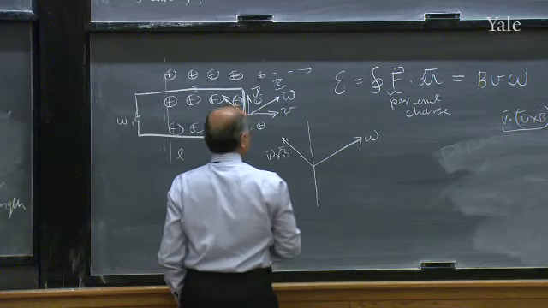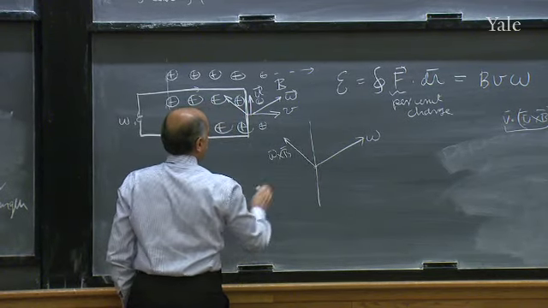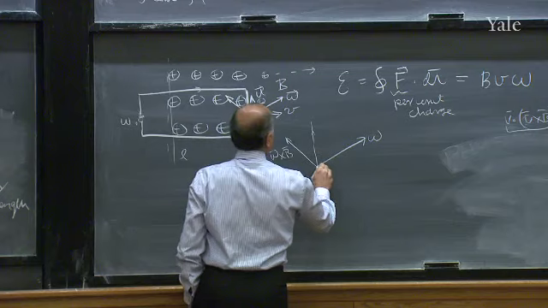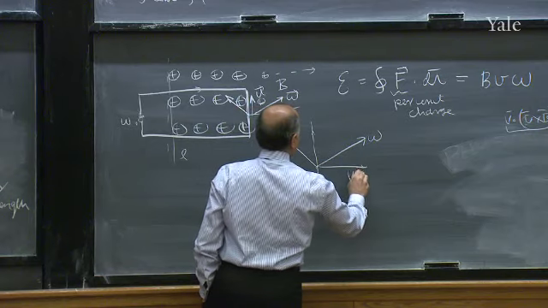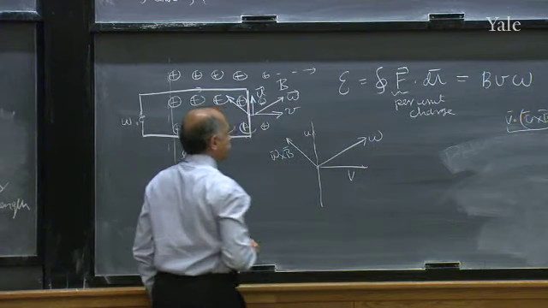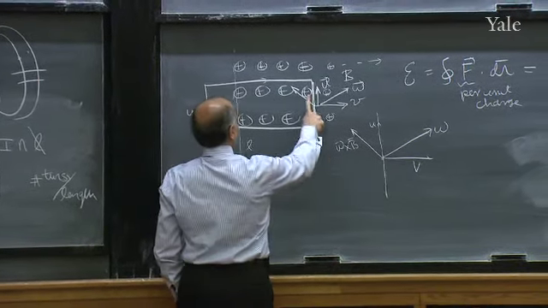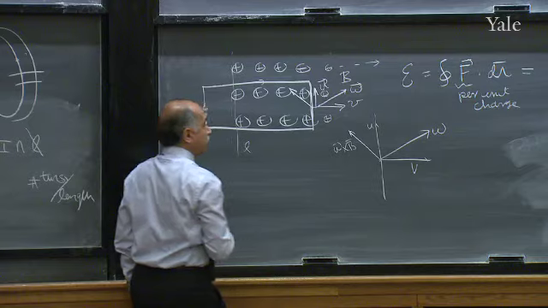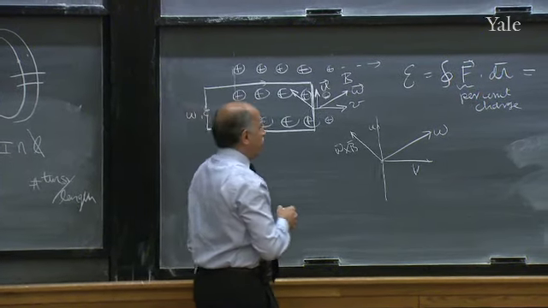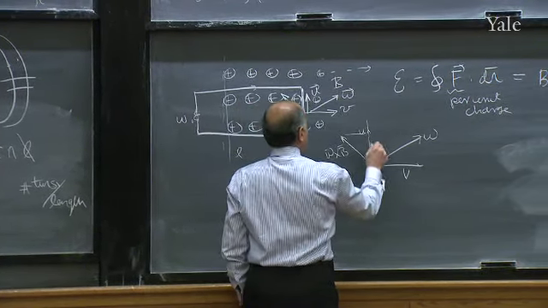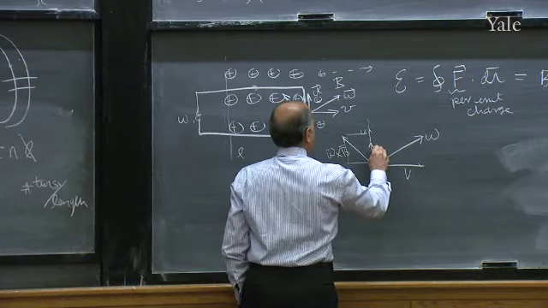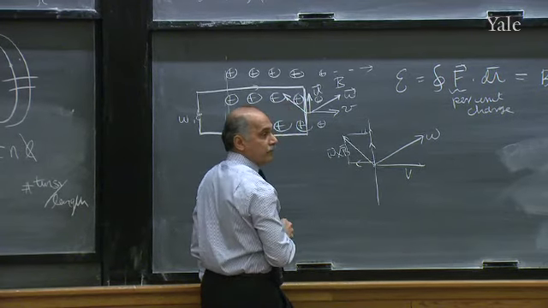W is made up of two parts. It's got a part V here, it's got a part U here. So the magnetic force is not just along the wire, it's really at this strange angle. And we can easily find out how much of the force is this part and how much of the force is this part.